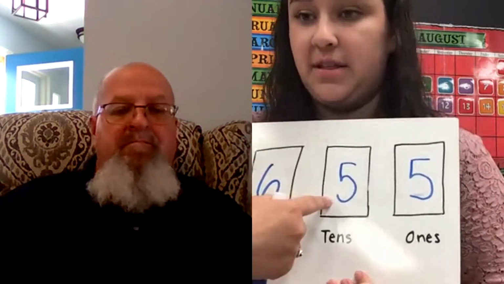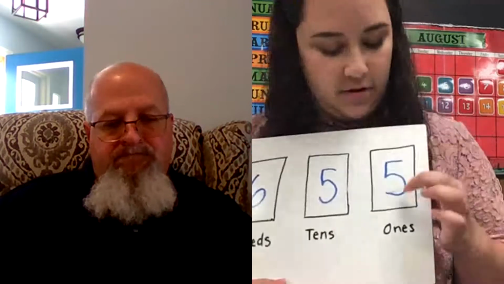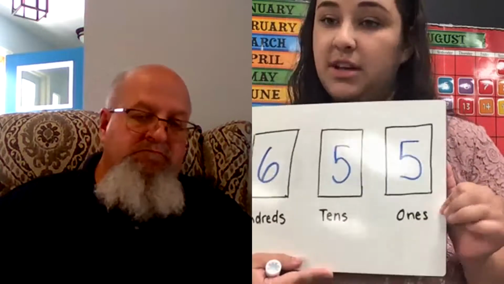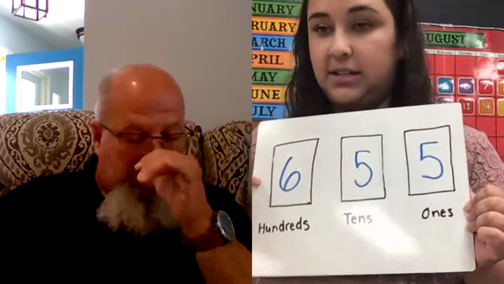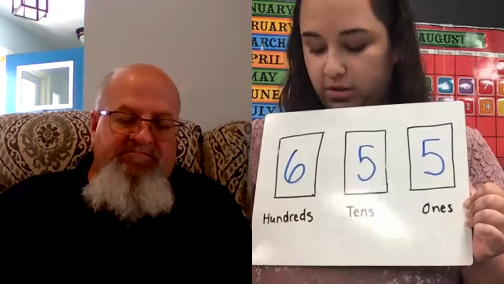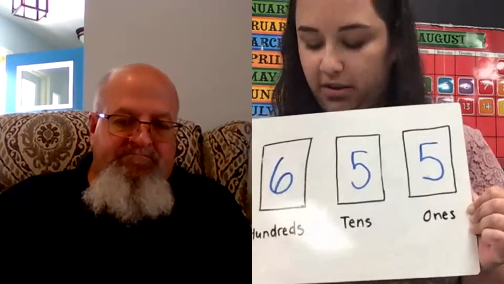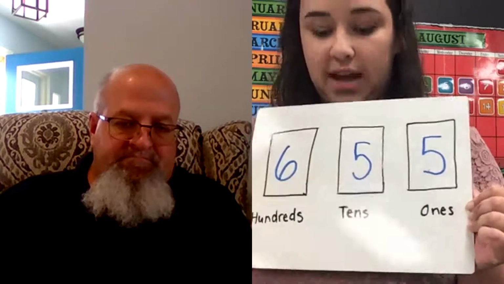So we know 10, 20, 30, 40, 50 would be this number, okay? But then usually where we have a 0, right now we have a 5, and that means that we have 5 ones. So that means we would just say 5. So we know that this is 655. So that's how you figure out how to say your numbers. And so that's how you can figure out how to say any number.